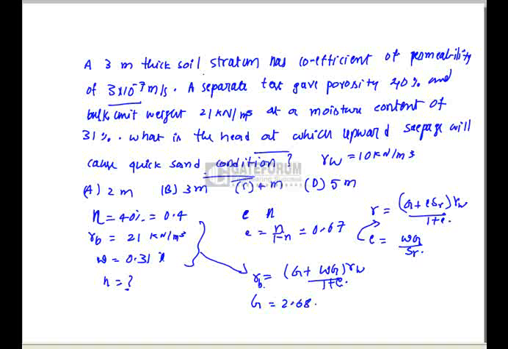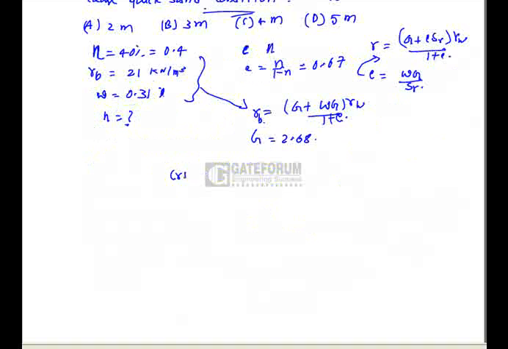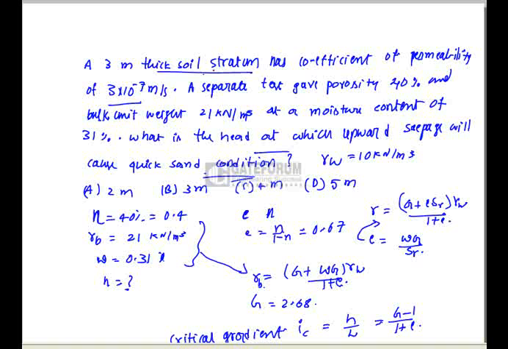The critical gradient i_c we can represent as H by L, head causing flow by length of travel, is equal to G minus 1 by 1 plus e. We know the value of L: the thickness of the stratum is 3 meters.